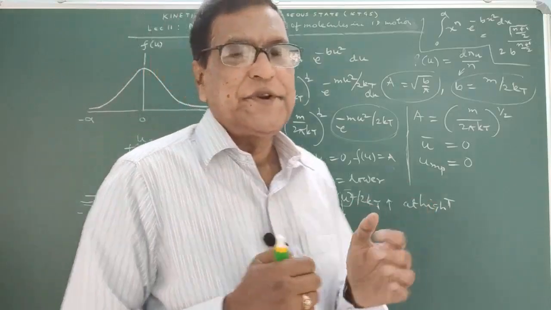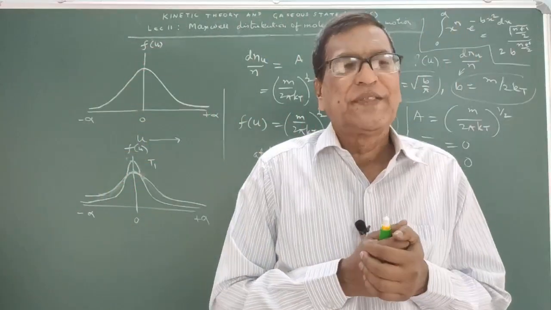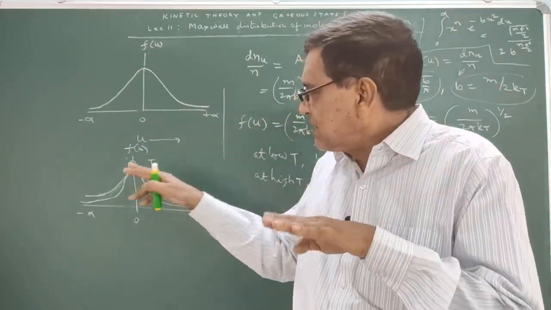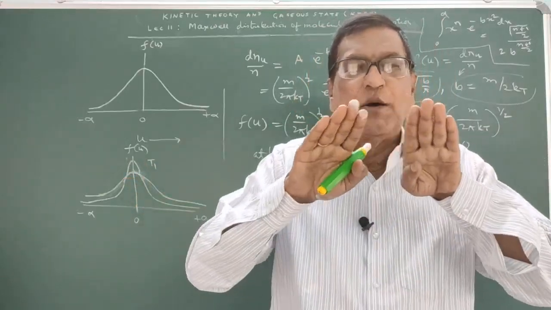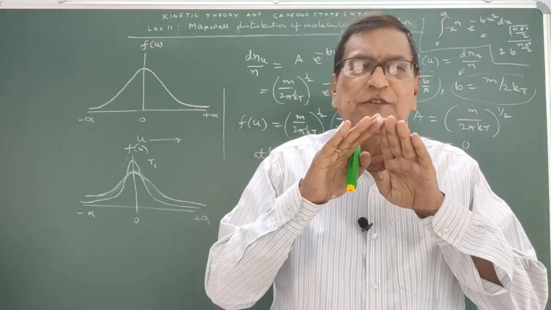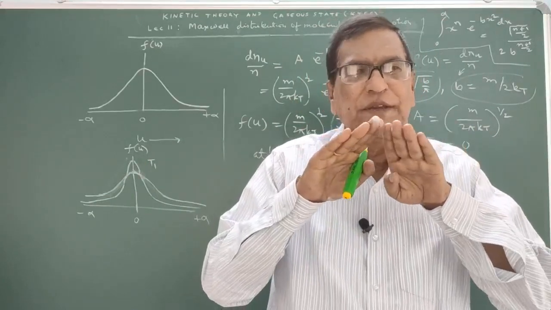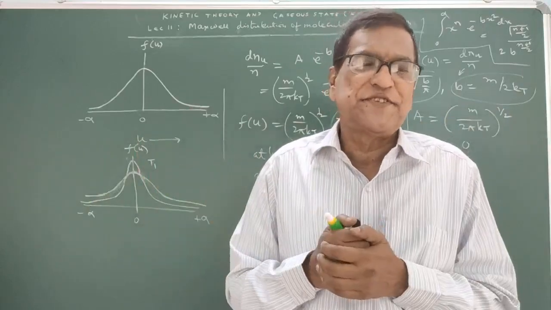With the high temperature, the peak of this curve is lower, but it is decreasing slowly. The curve is broadened, and the velocity curve becomes more uniform with the rising temperature.